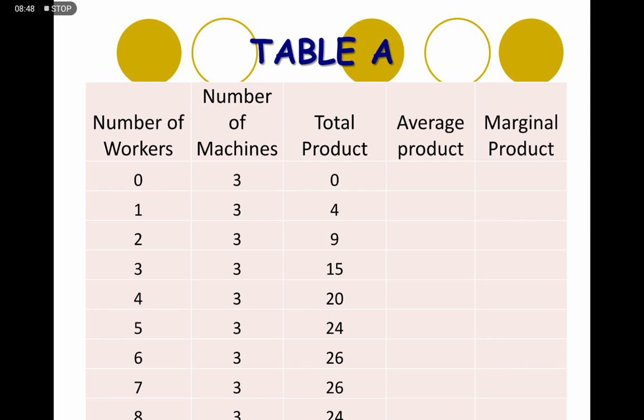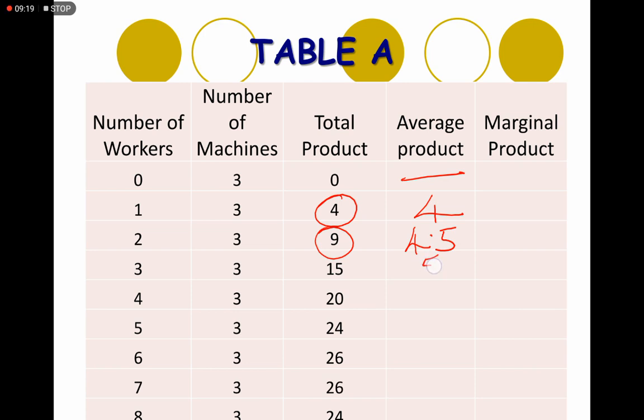Okay, so here, when we've got no workers, total output, total product, another word for output, is 0, so our average product will also be 0. Okay, when we've got one worker, the total product is 4, so that one worker is making 4, which means on average it's 4. 2 workers are making 9 between them, so the average is 4.5.